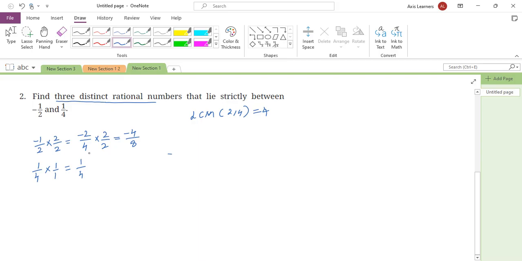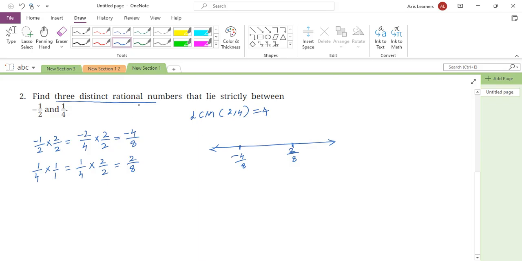We can write some more numbers if we write the number with the same value, but with the same value it is a little bit difficult to find. So we are doing multiplication with the number. It will be 2 by 8. Look at this, minus 4 by 8 and 2 by 8. If you plot a number line, minus 4 by 8 will be here and 2 by 8 will be here.